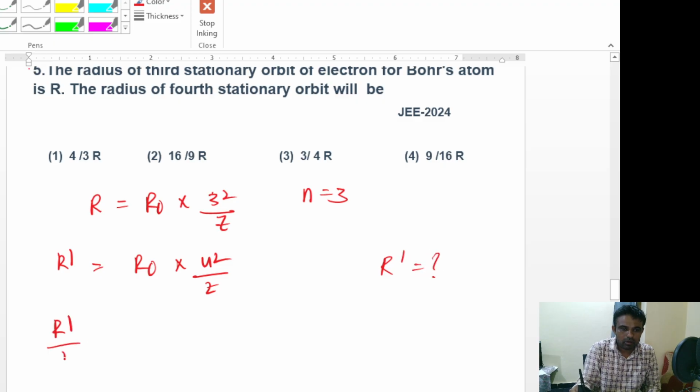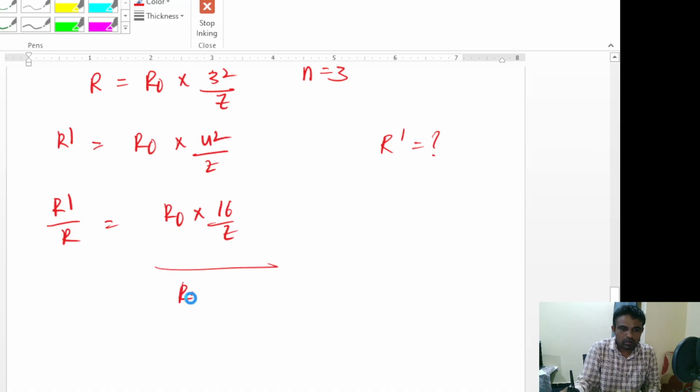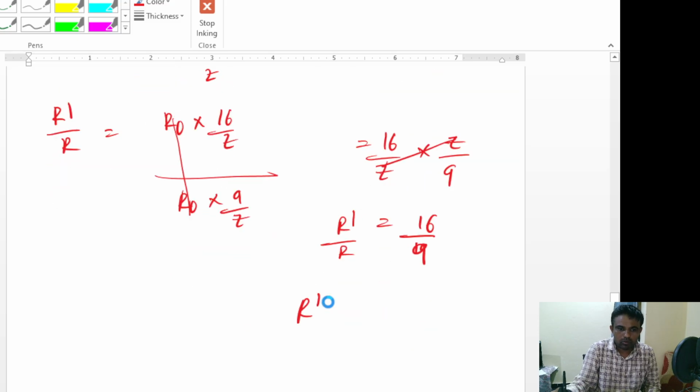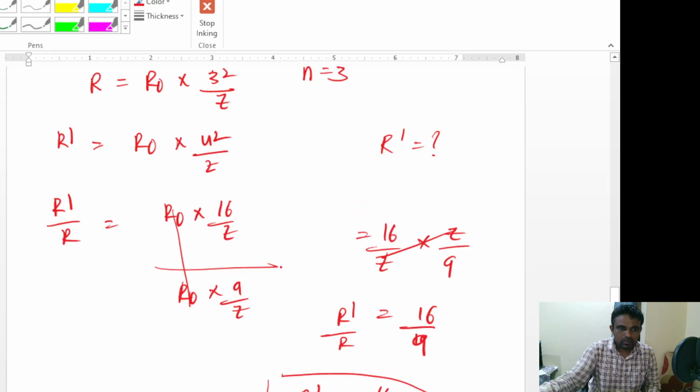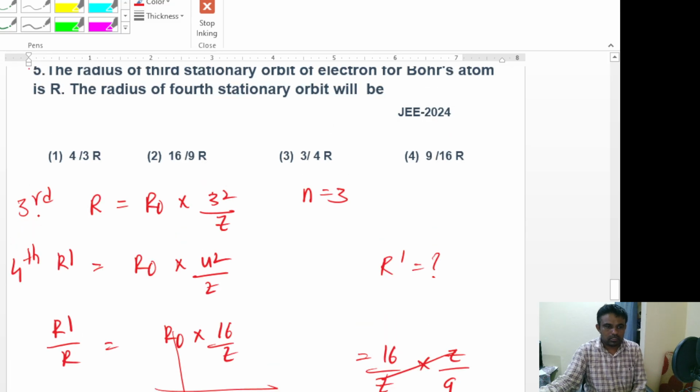So R dash by R is equal to R naught into 16 by Z, by R naught into 9 by Z. So R naught gets cancelled. 16 by Z into Z by 9, Z gets cancelled, 16 by 9 is R dash by R. So R dash is equal to 16 by 9 into R. Here this one is the third orbital, this one is the fourth orbital state.